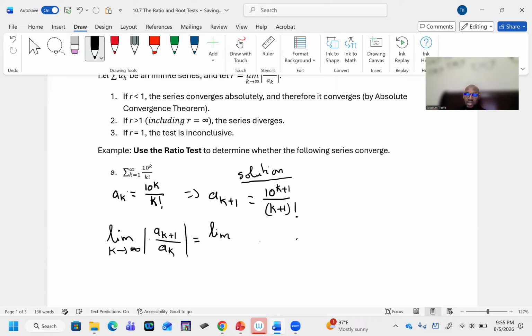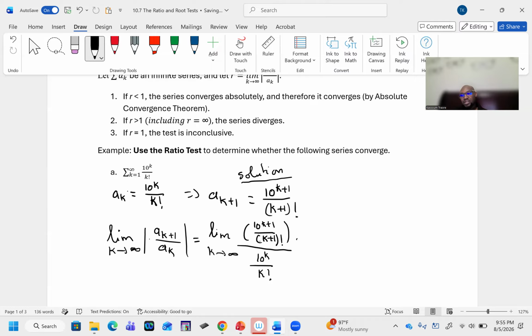We can just set it equal to the limit of 10 to the power of k plus 1 divided by k plus 1 factorial, divided by a sub k, which is 10 to the power of k divided by k factorial, as k approaches infinity.